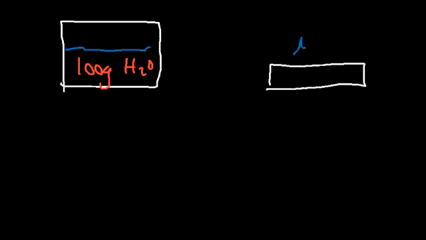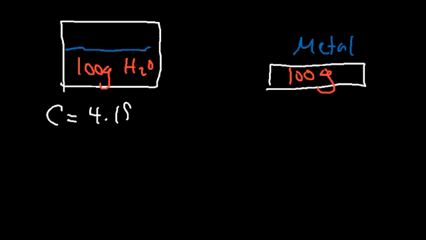Now there's something else that you need to know about specific heat capacity. Now let's say if we have 100 grams of water compared to, let's say, a 100 gram sample of metal. Water has a very high specific heat capacity. It's 4.184 joules per gram per Celsius.